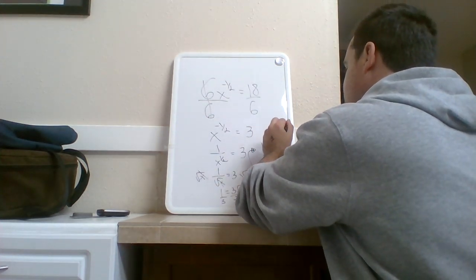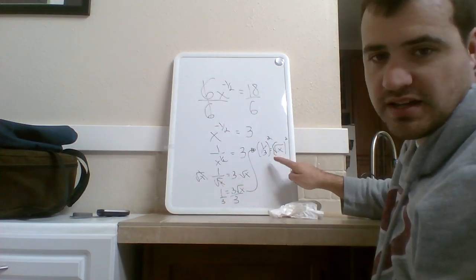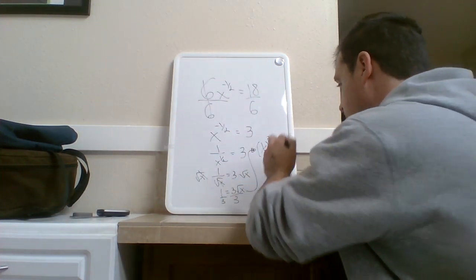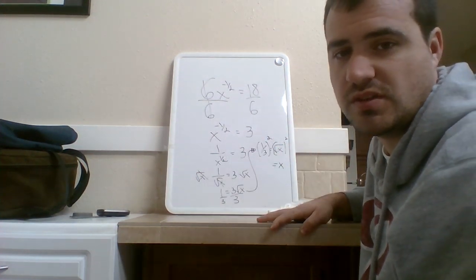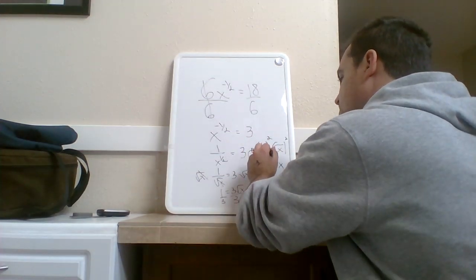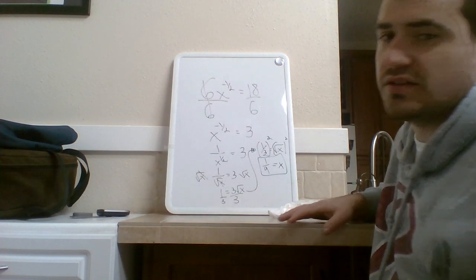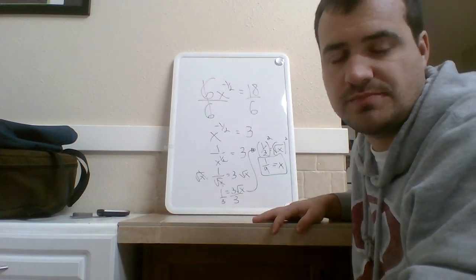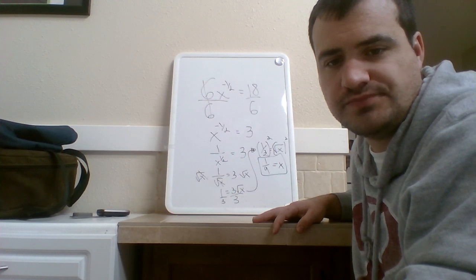Square both sides. Okay, on the right-hand side, the square and the square root cancel out. So x equals 1/3 squared, which means 1/3 times 1/3, which you can write out, square the top and the bottom. Either way, you get x equals 1/9. Okay? Questions on that?